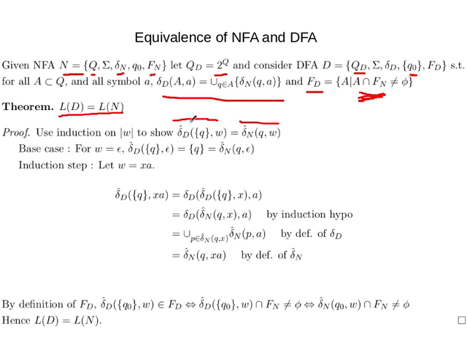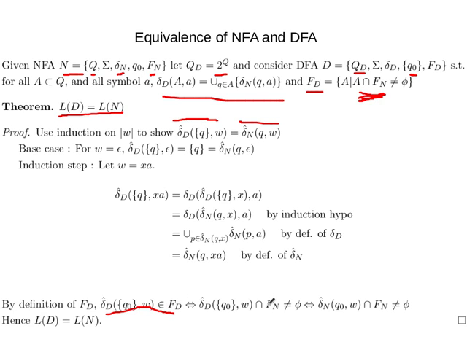And how does that imply this? It is just a special case if we put Q0 here. So this will be the starting state here, and this will be the starting state here. We need to show the acceptance condition. For the DFA, if you remember, this thing must be in one of the final states.